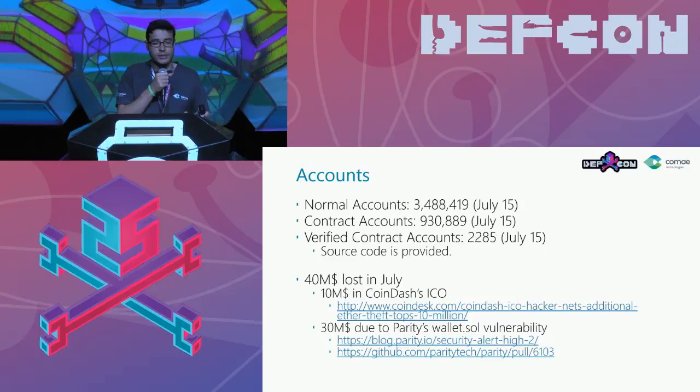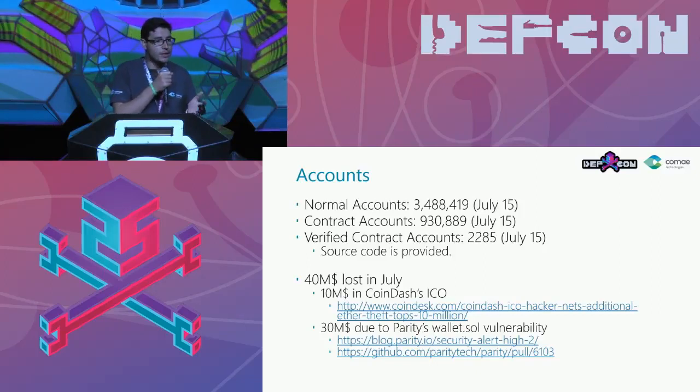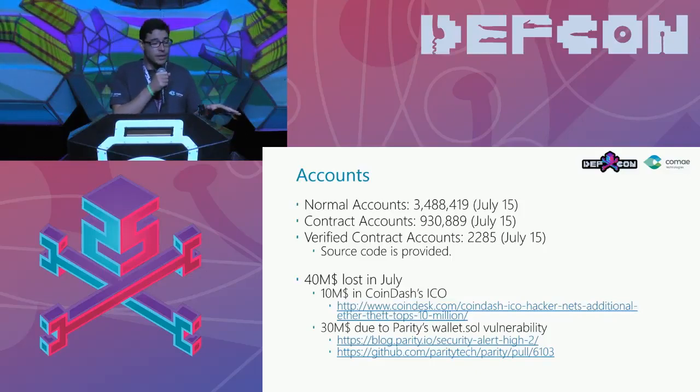Someone changed the address where to receive the funds. Most recently, Parity, which is a project started by one of the key developers of Ethereum, had a vulnerability in one of their smart contracts, and 30 million got lost. And a few days back, something happened with another ICO and 10 million vanished.